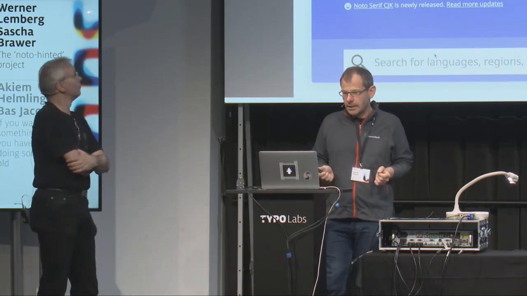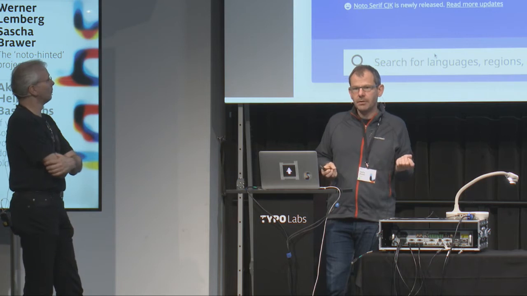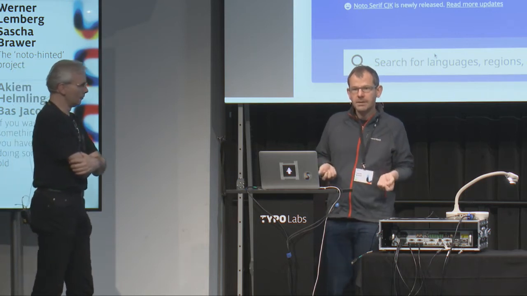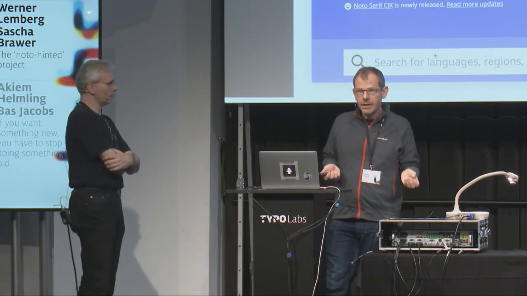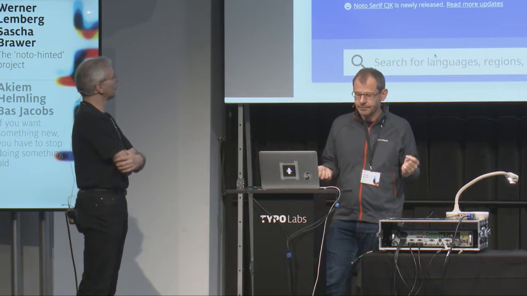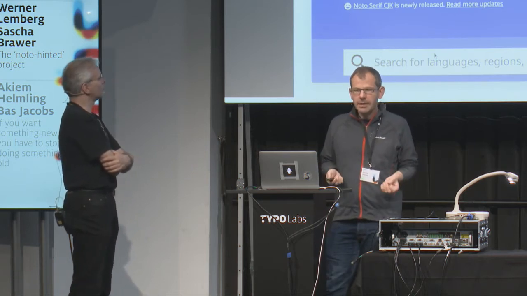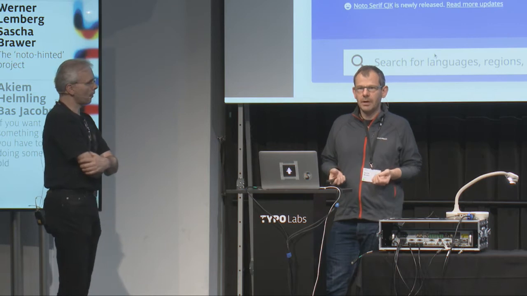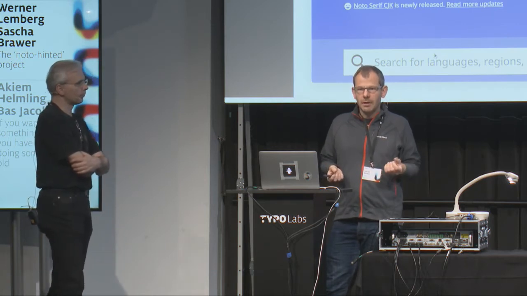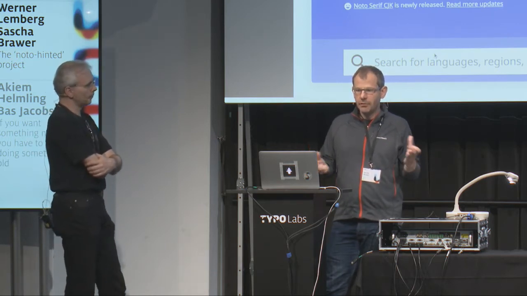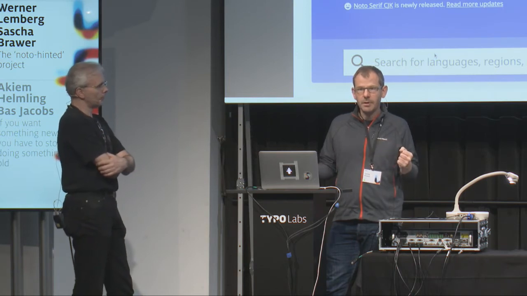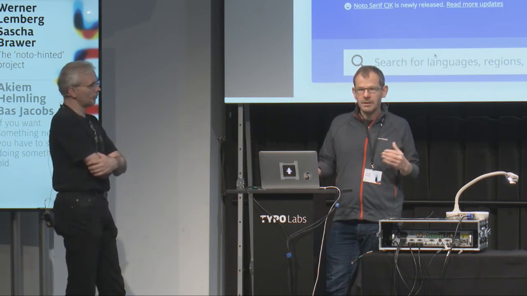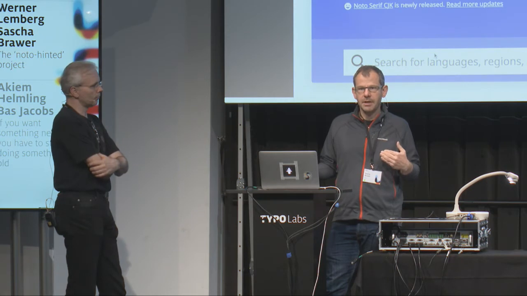But not everyone has a retina screen, so we have a problem: people somewhere in Cambodia or wherever, if they have a cheap phone, we made a font for them, it's cool, but it doesn't read beautifully because it doesn't have hinting.